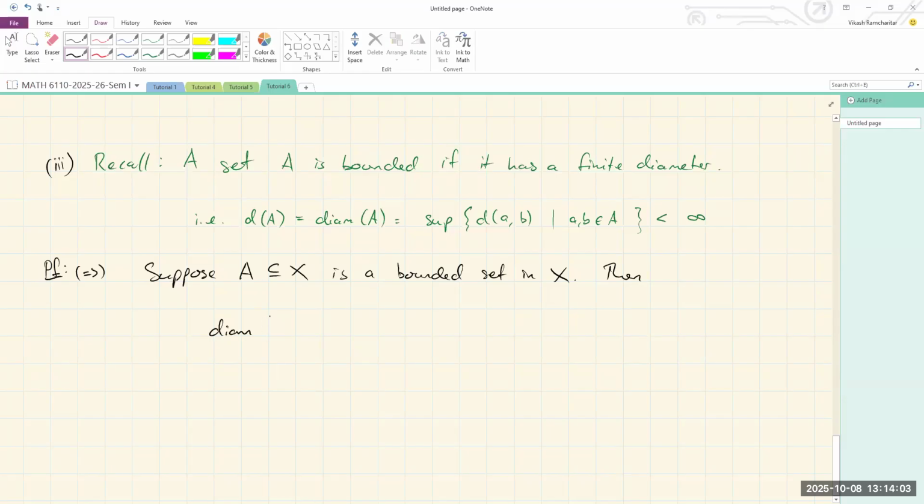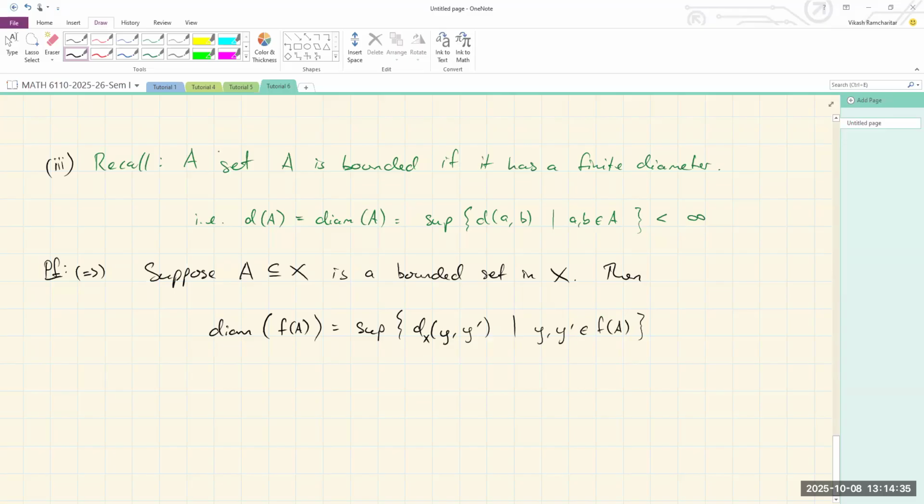But I want to know what is the diameter of this set, f of A. So by definition, that is the supremum over all distances d(y, y prime) such that y and y prime belong to this set f of A. Now I have to be specific because we have two metric spaces.